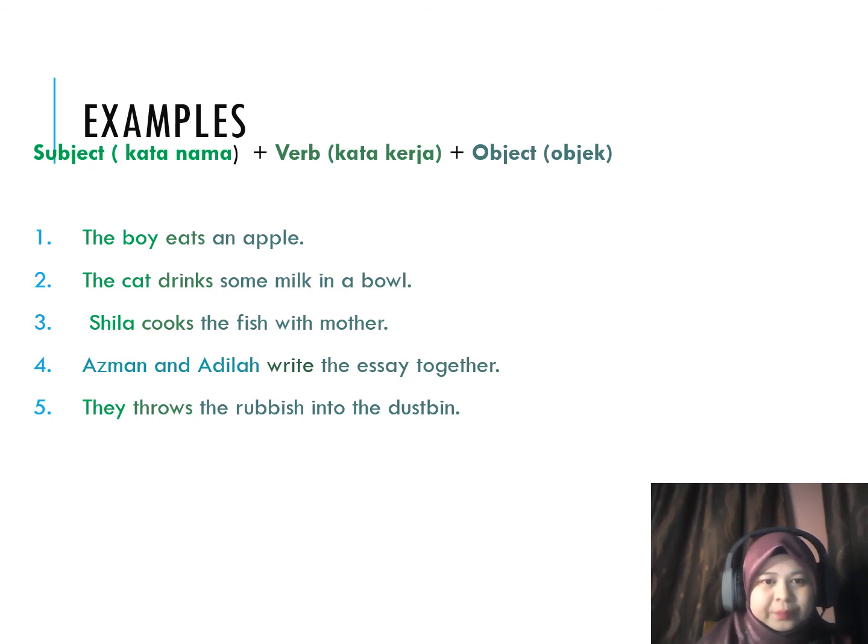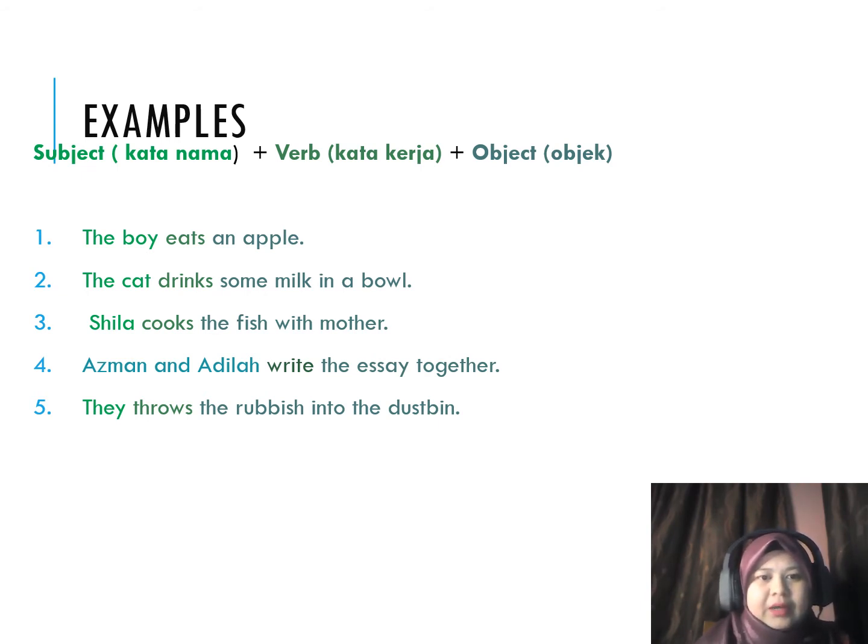Number 2, the cat drinks some milk. Kucing adalah kata nama, drinks, kata kerja, minum, some milk adalah objek. In a bowl tu boleh kamu buat, tidak mahu buat pun boleh. The cat drinks some milk pun boleh.